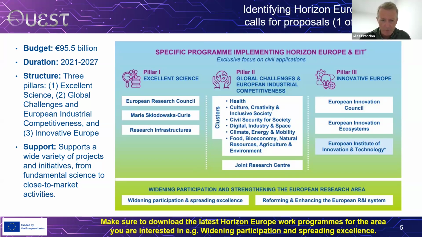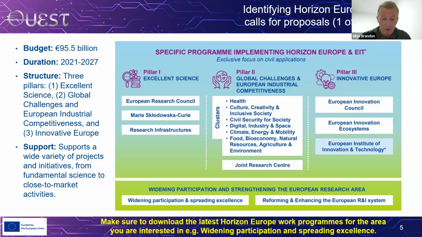And at the bottom we see the widening scheme, which is open to widening countries, which includes Hungary and other Central and Eastern European countries, and there are a number of countries associated to Horizon Europe, but who are outside of Europe.